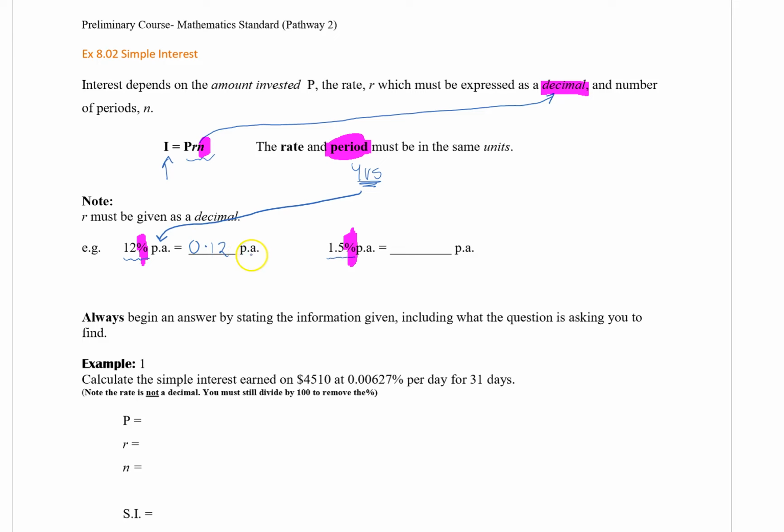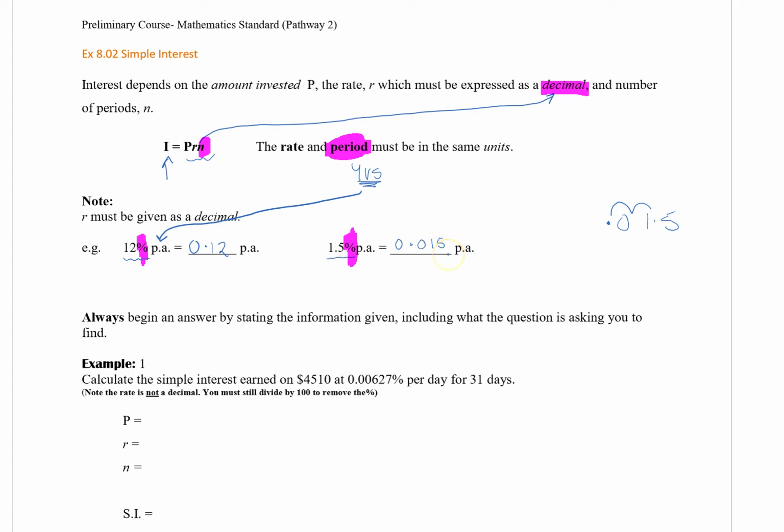Per annum, per year. 1.5%, move the decimal point back 2 places, which will require an additional 0. So this rate, if it's given as 1.5% per annum, becomes 0.015 as a decimal per annum.